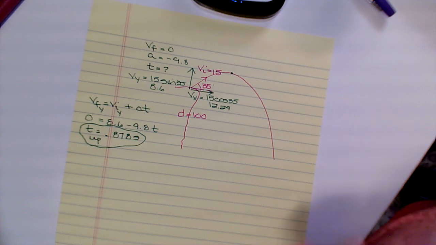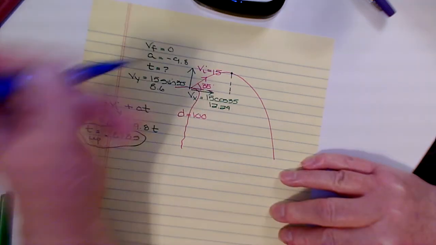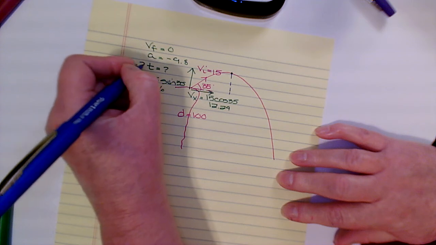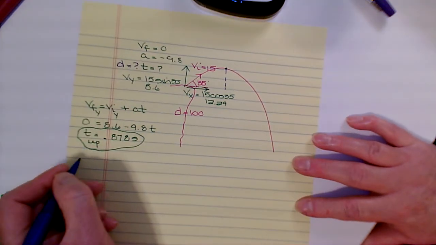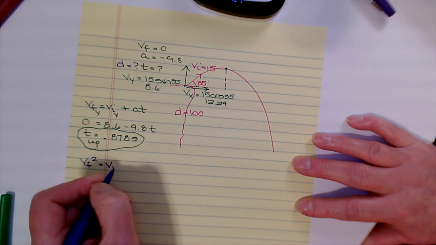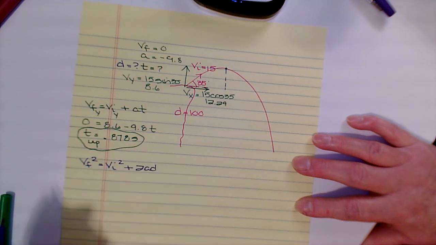Alright, the other thing that I need to know is how high up it's going to travel. And so I'm just going to throw a little d in my list over here. And like before, we can use our third acceleration equation. So Vf squared equals Vi squared plus 2AD.